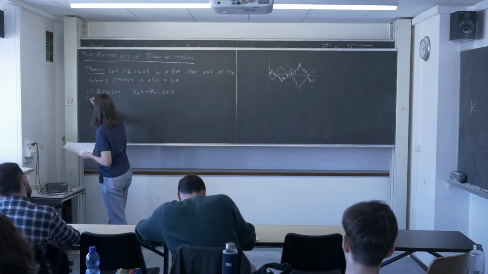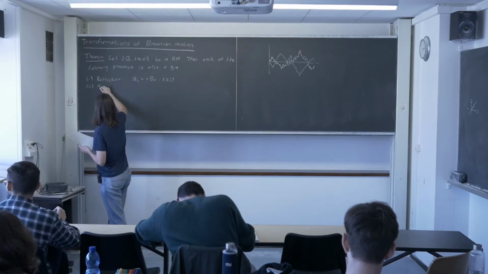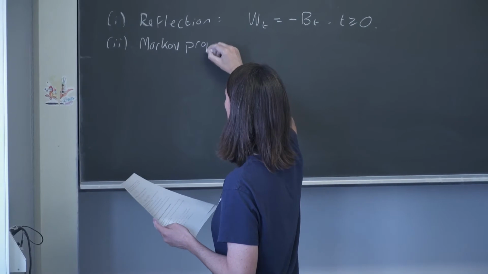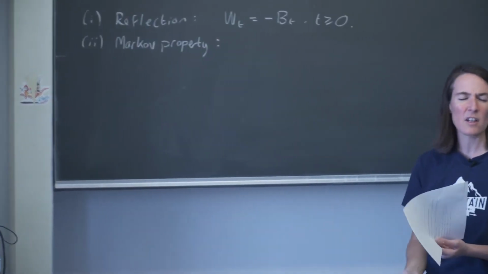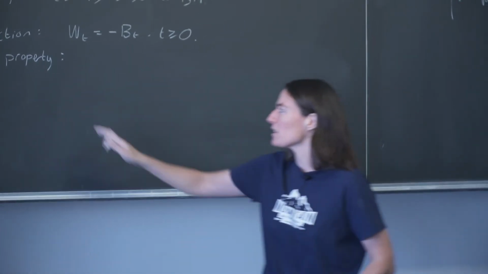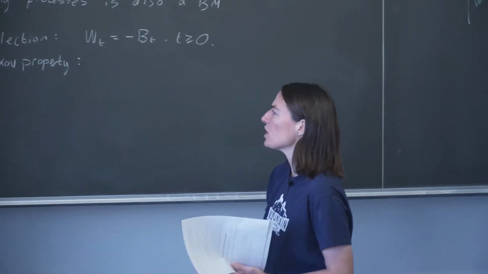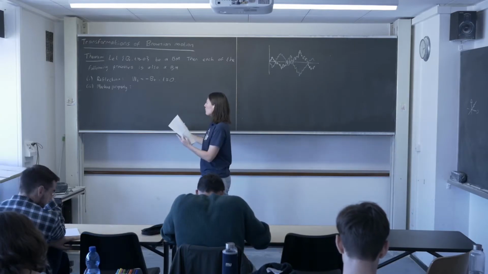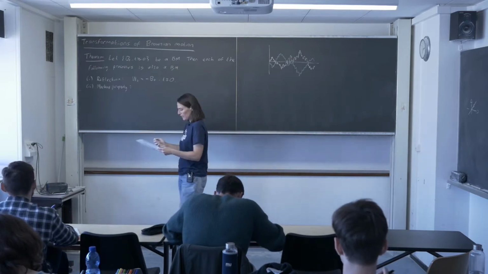Okay, second one. I call this the Markov property. There's a lot of different Markov properties, so this is just my name rather than an official name. But essentially it tells you that you can restart Brownian motion at a later point in time, and it still looks like Brownian motion.